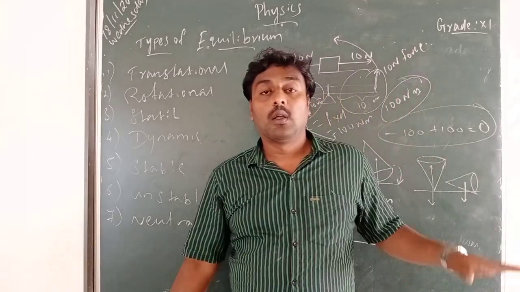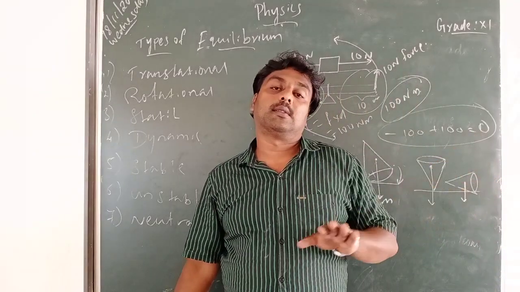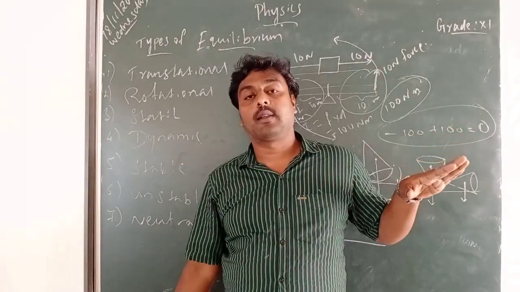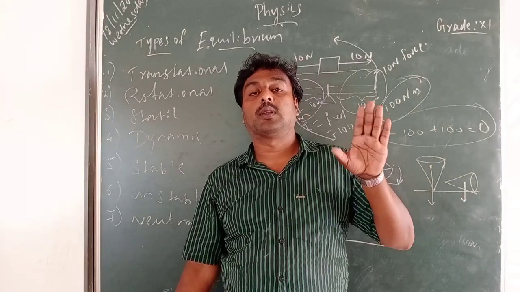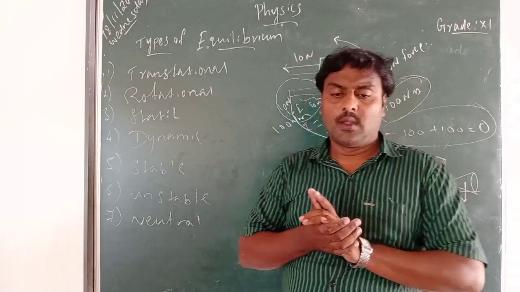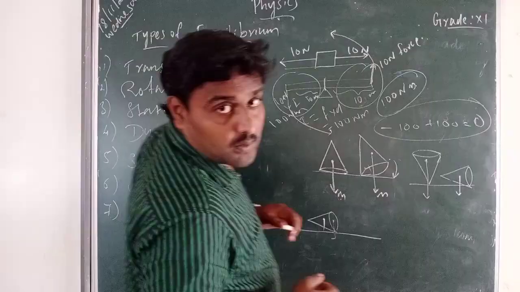Neutral equilibrium: it remains in the same equilibrium state, center of mass stays the same, potential energy the same. So this is about the types of equilibrium.